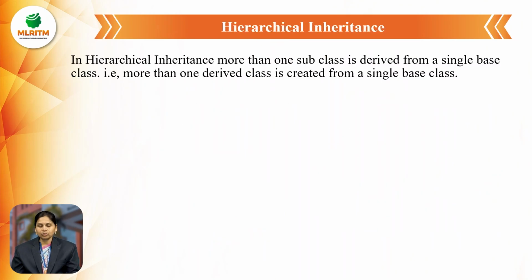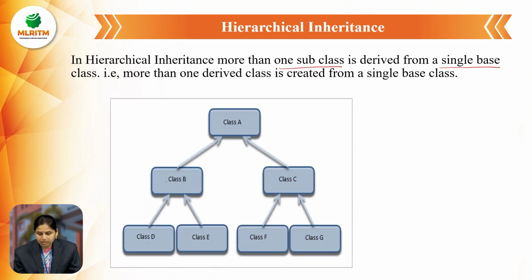Next, let us see the fourth one, hierarchical inheritance. In hierarchical inheritance, more than one subclass is derived from a single base class. So here these are the child classes, child 1 and child 2. These two are inherited from a single parent.